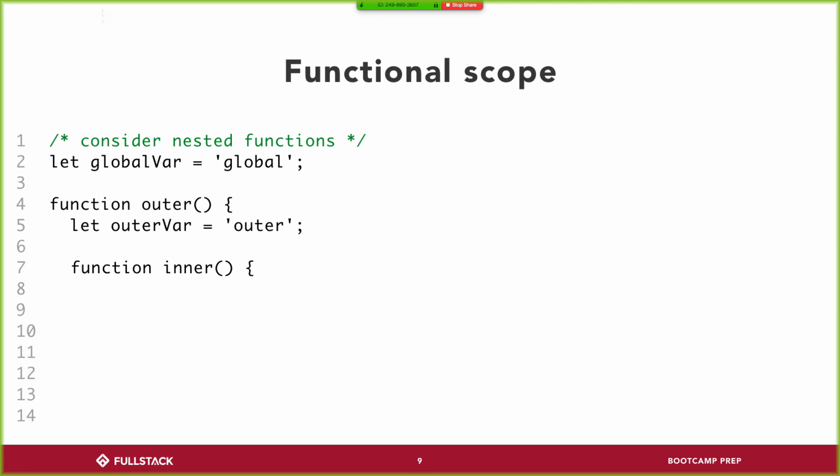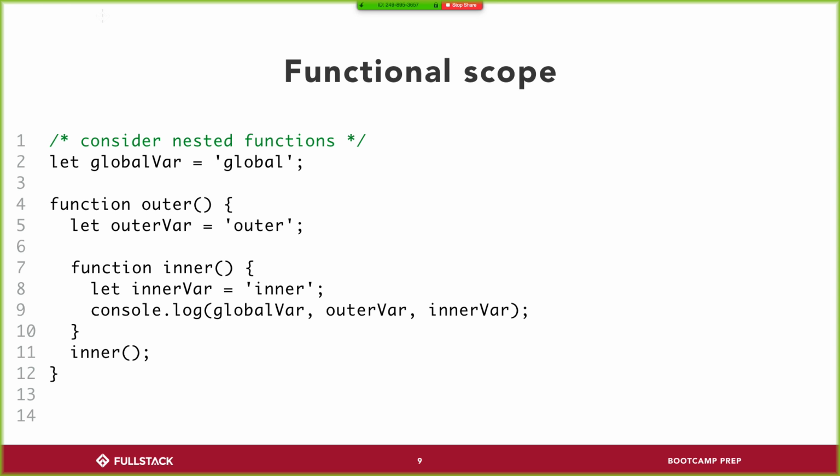So now we're going to nest functions and make this really confusing. So in here, any guesses as to what this will log when we call this outer function?